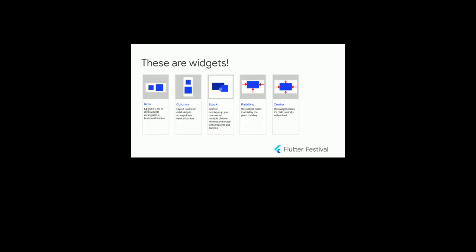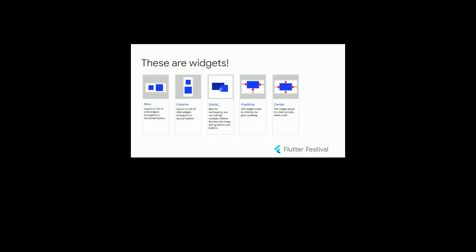We use row for aligning widgets in horizontal order, whereas we use column for aligning widgets in vertical order, and we use stack for arranging objects one over the other. Like the stack in data structures, where we use push and pop, it means we can place widgets one over the other.